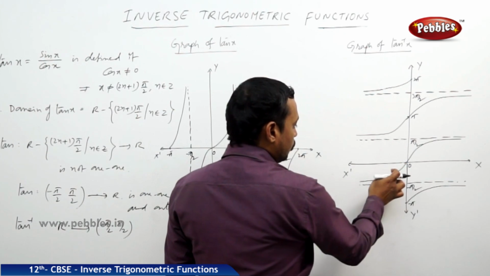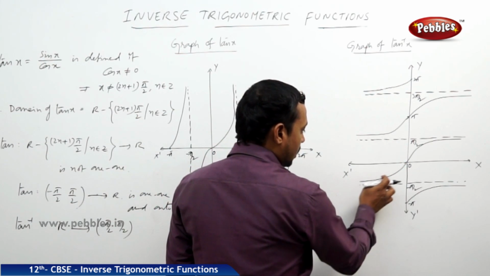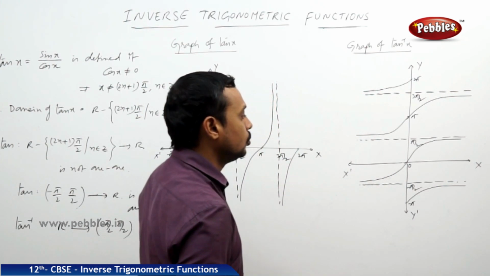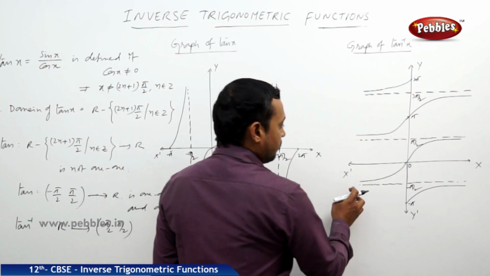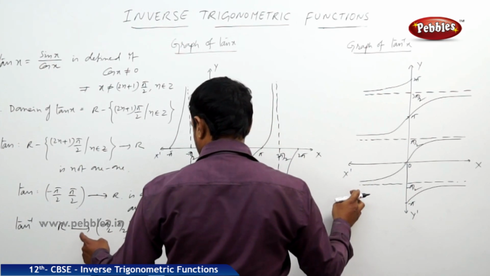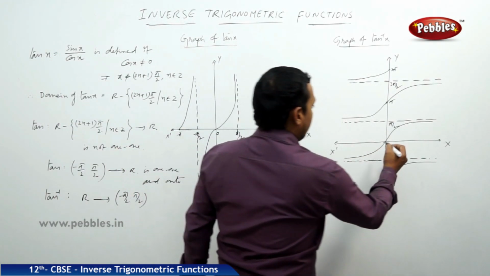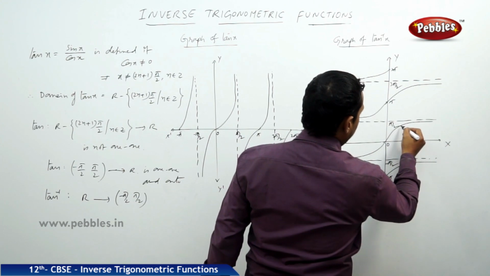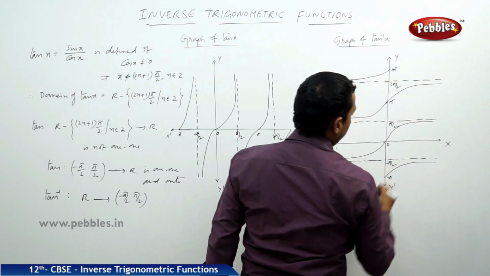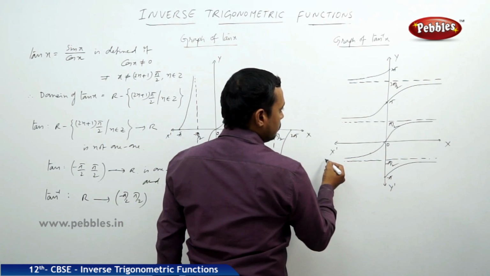As x tends to minus infinity, the tan inverse values tend to minus pi by 2. So again the graph of tan inverse x is between minus pi by 2 and pi by 2. Now here tan inverse 0 is equal to 0, tan inverse of infinity tends to pi by 2, and tan inverse of minus infinity tends to minus pi by 2.